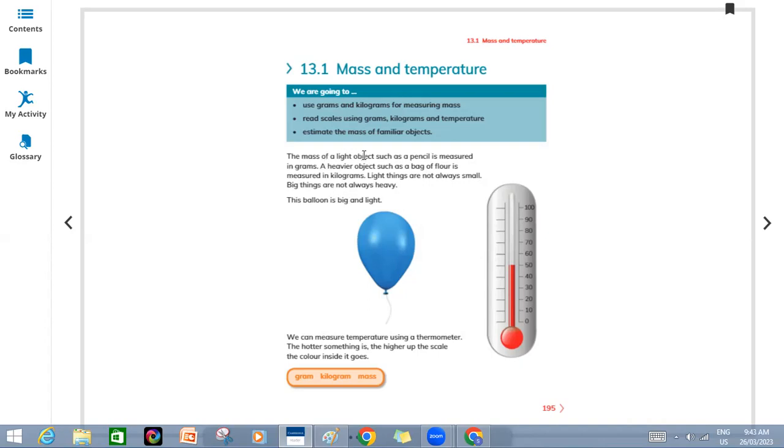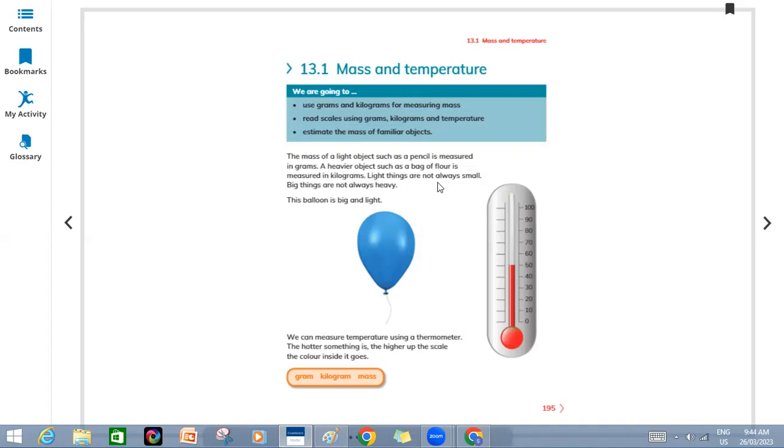The mass of a light object such as a pencil is measured in grams. I told you that if the thing is small, we measure it in grams, but if things are heavier, we use kilograms. A heavier object such as a bag of flour is measured in kilograms.